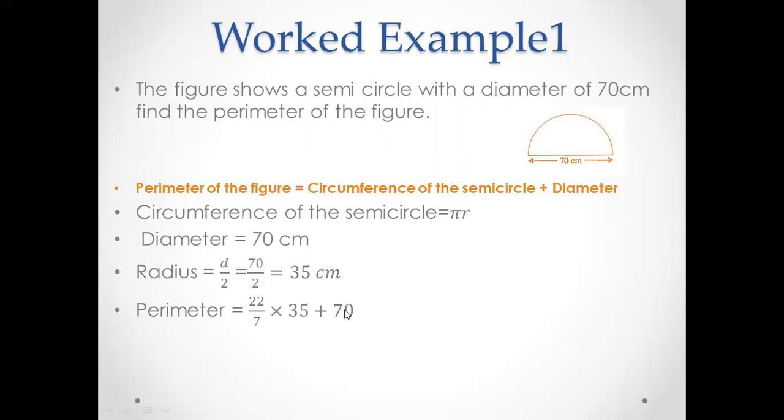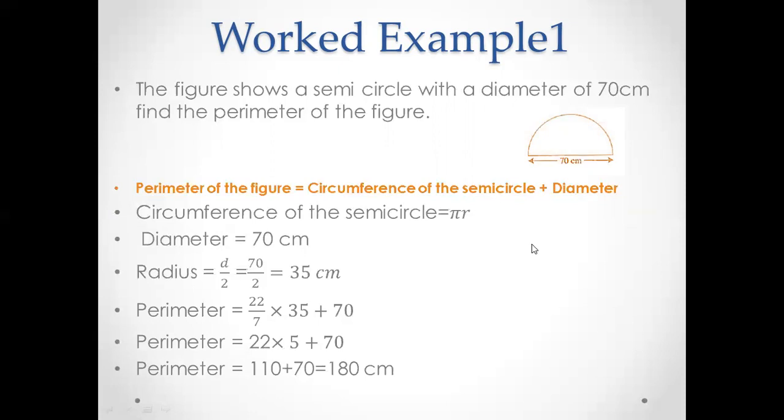We have to add the diameter because this is also the boundary. When we simplify 7 and 35, we get 5. So the perimeter is 22 multiplied by 5 plus 70. After further simplification, the perimeter is 180 centimeters for this figure.